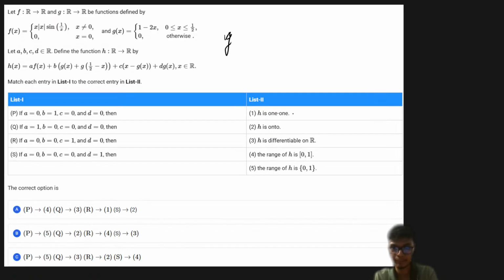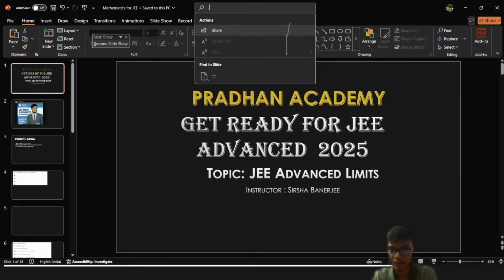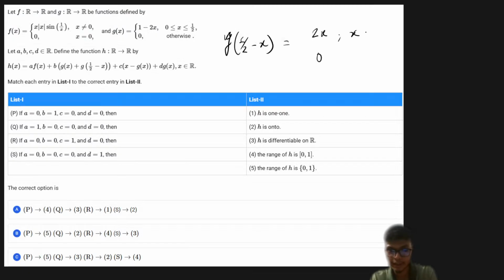You see that g of x is equal to 2x for x lying in the interval 1 minus 1 by 2 by x, lying between 1 by 2 to 0, and this is equal to 0 otherwise.